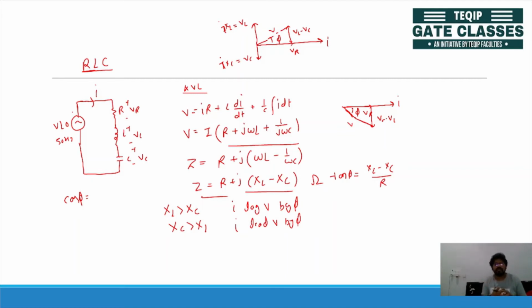Means if you convert the circuit into frequency domain, your L will be converted into j omega L, and your C will be converted into 1 upon j omega C, and the whole circuit will be like a resistive circuit, and you can solve it as you are solving in a DC circuit. Okay, the difference is what? The calculation will be in complex numbers.